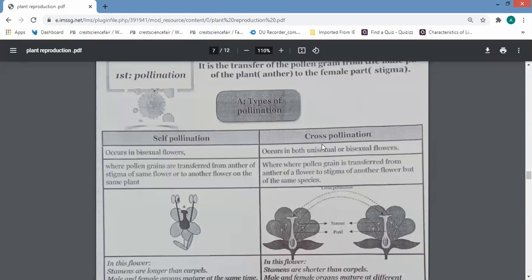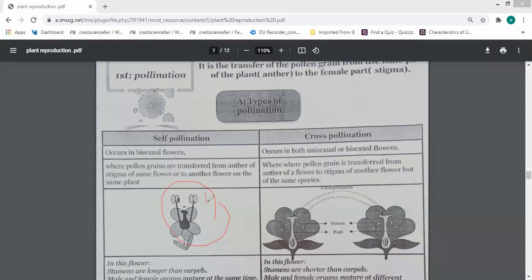But if the transferring of these pollen grains occurs in the same flower, which has the two reproductive organs, like this, as you can see, this flower has the two reproductive organs.